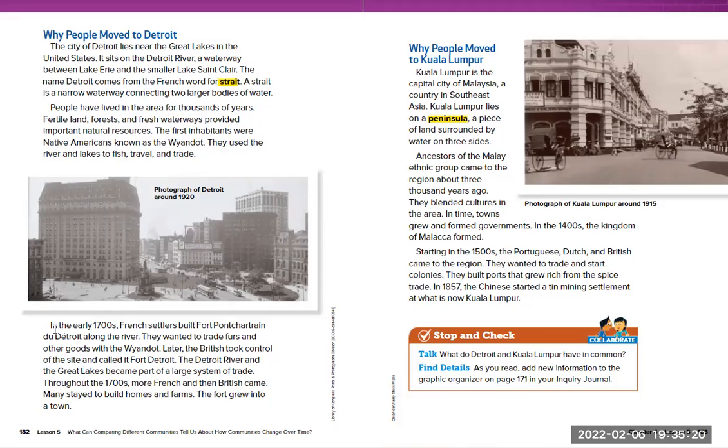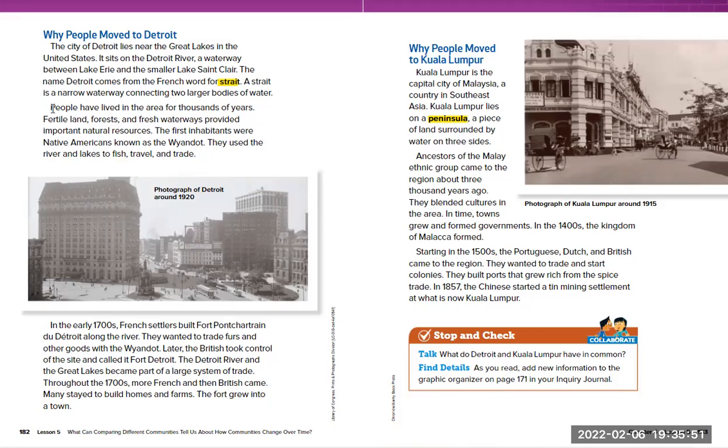And then I would put that in the early 1700s, French settlers built Fort Pontchartrain du Detroit along the river. The reason why I would want to put this would be because I would want to show that the French word for Detroit comes from the French settlers who came later. So if I were to start, I would maybe put this detail first and then the detail about where the word Detroit comes from second.